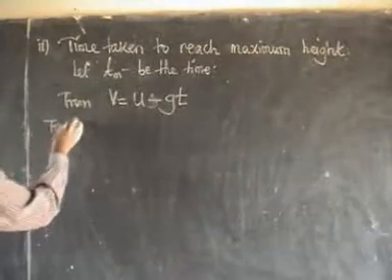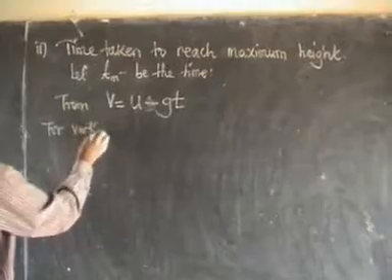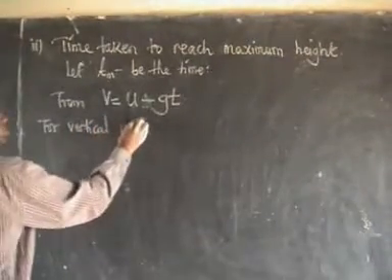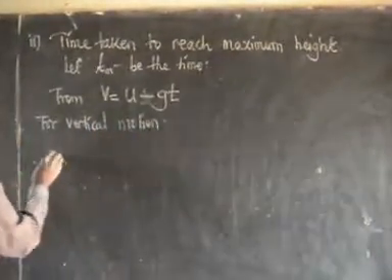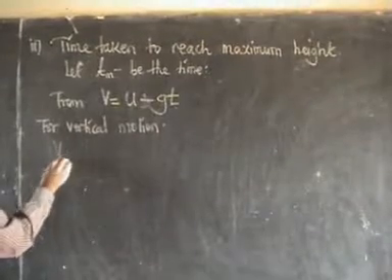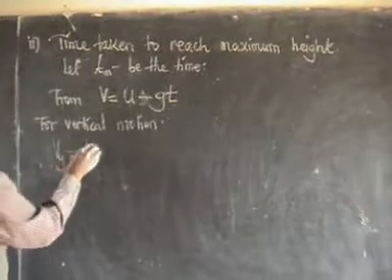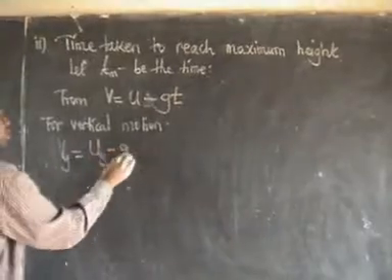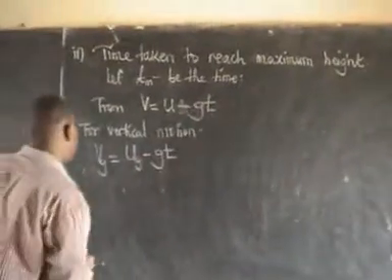So for vertical motion, we shall have vy is equal to uy minus gt.